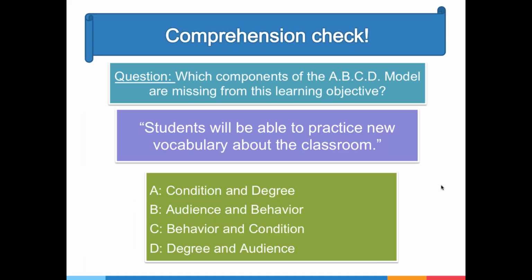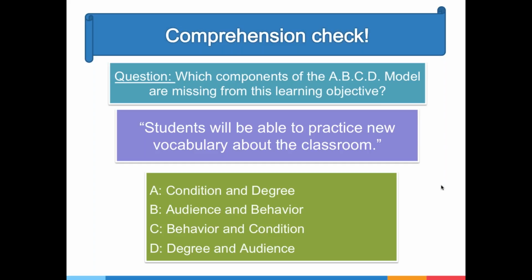So I want to give you a little comprehension check. My question to you is, which components of the A.B.C.D model are missing from this learning objective? The learning objective is: students will be able to practice new vocabulary about the classroom. Is it condition and degree, audience and behavior, behavior and condition, or degree and audience?